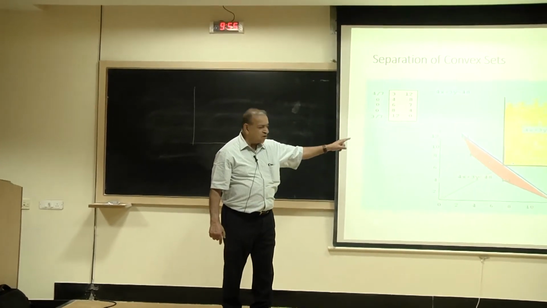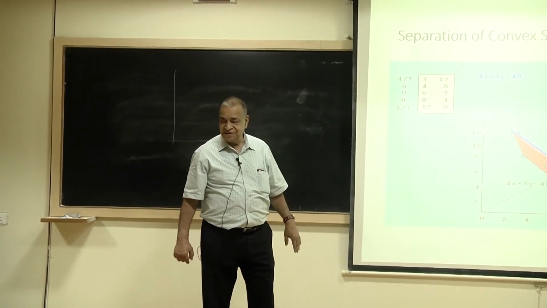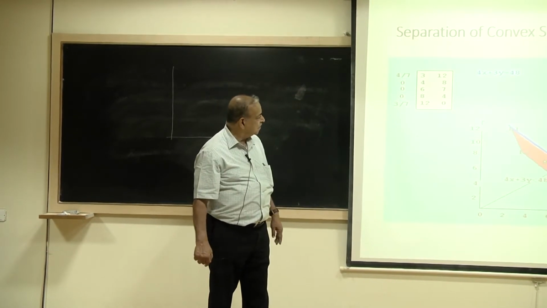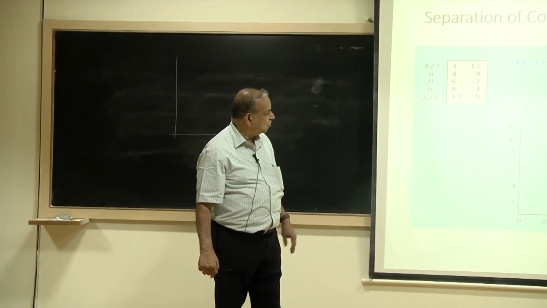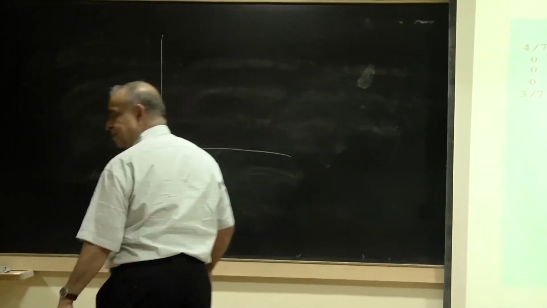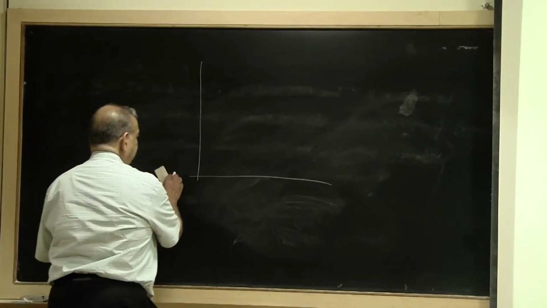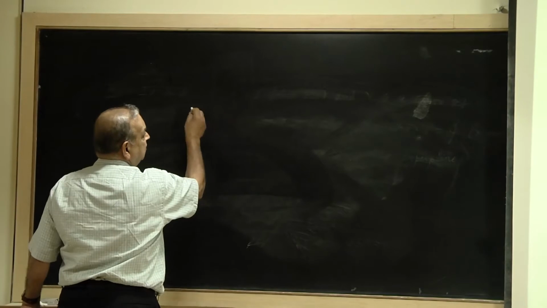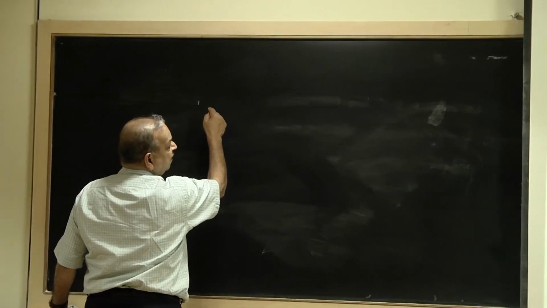Now find the smallest convex set containing them. That is the one which is shaded. Agreed? So now let us take, once you appreciate this it is enough. Suppose you do the following. How many rows are there? 5 rows.